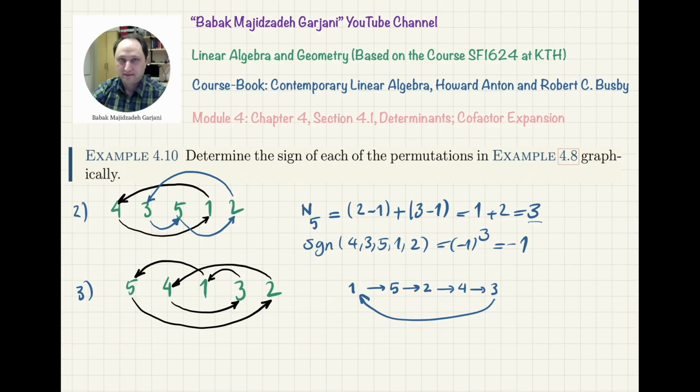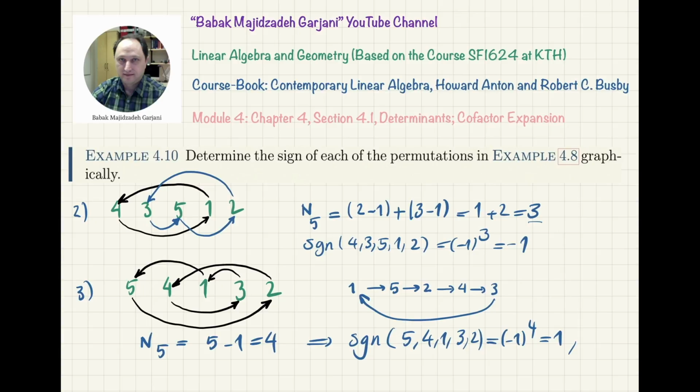Yes. So the cycle involved, so I would write n5 in this case is equal. There is only one cycle involved. How many arrows are there? 1, 2, 3, 4, and 5. So I would write 5 minus 1, which is 4. And then this means that the sign of this permutation is equal to minus 1 to the 4, which is 1.